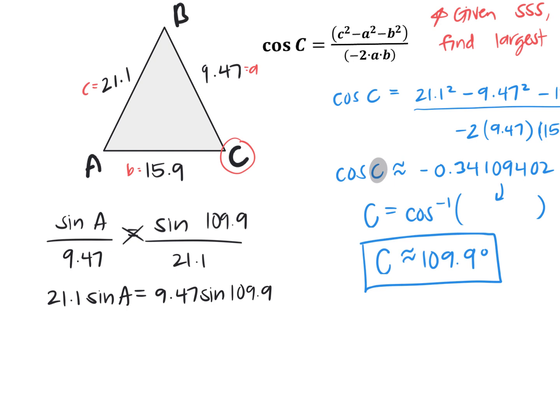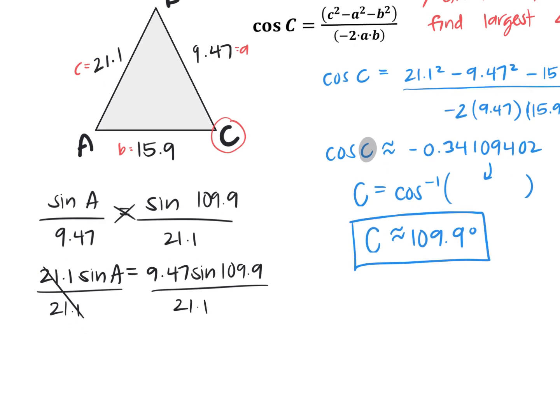And then if I want to get sine of A by itself, I can divide by 21.1. And then if I want A by itself, I need to take the sine inverse of all that stuff.